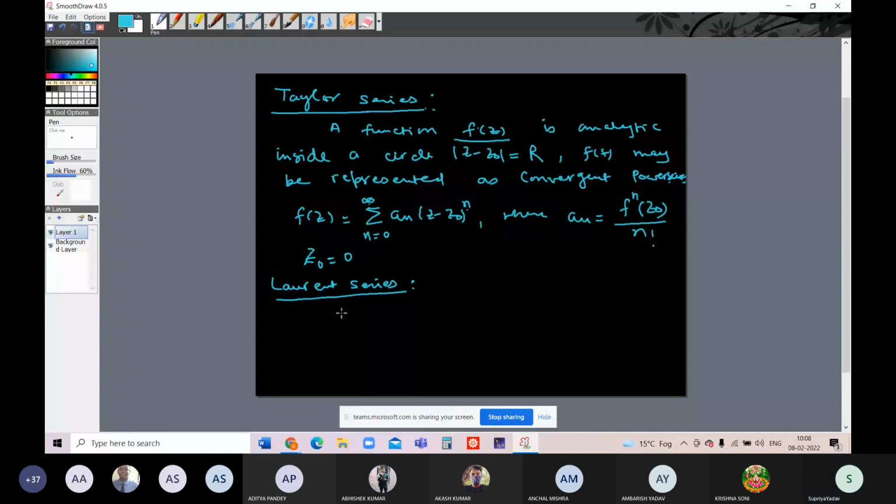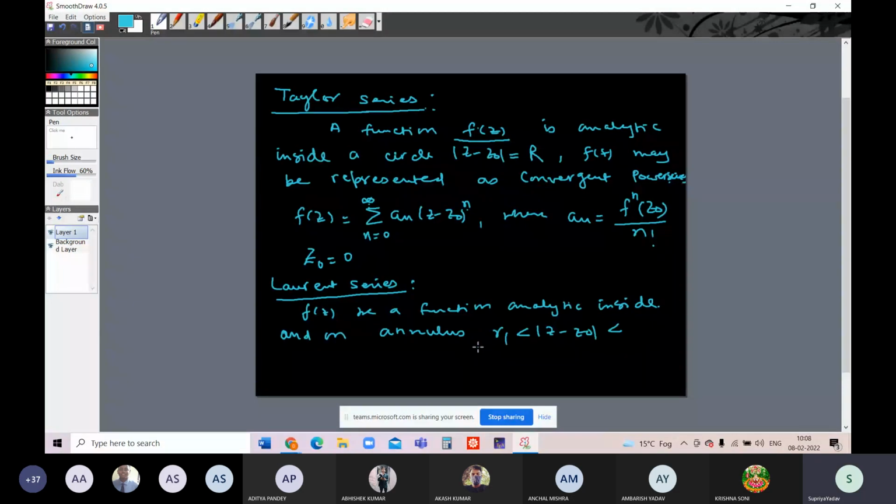Okay, so here suppose that we have a function f(z) which is analytic inside and also on the boundary of the annulus r1 < |z - z0| < r2.